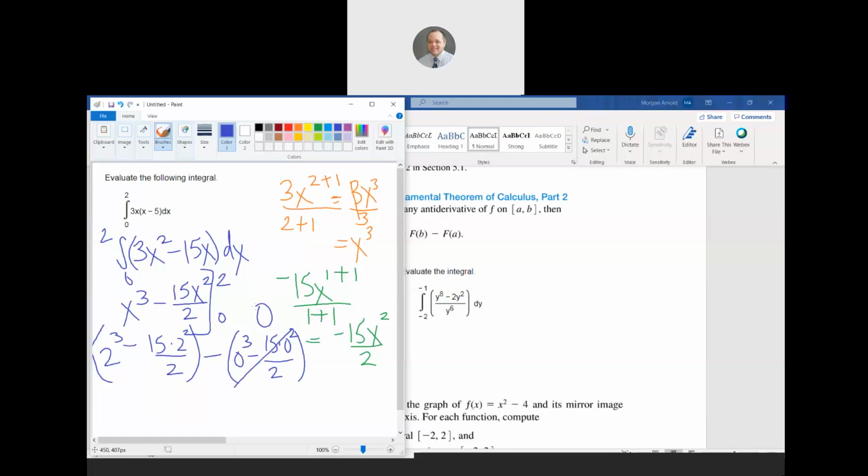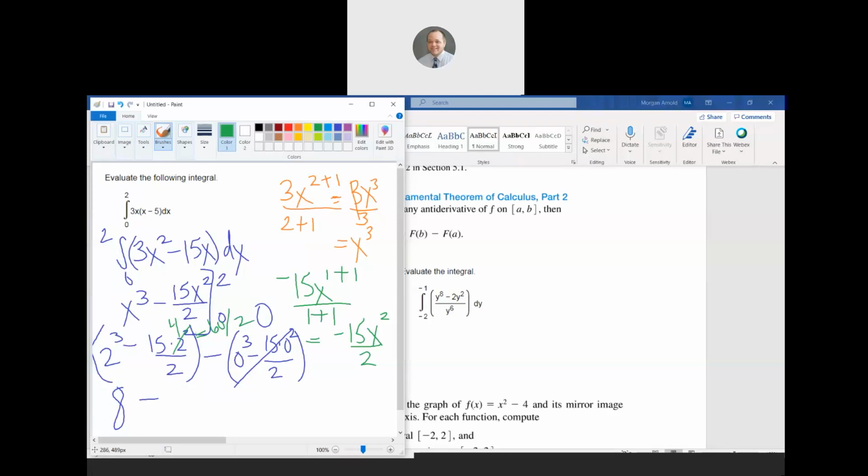Back to the first substitution. 2 cubed is 8 minus 2 squared is positive 4 times negative 15 is negative 60 divided by 2.